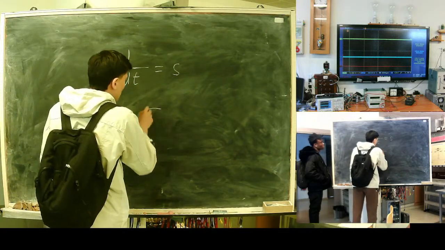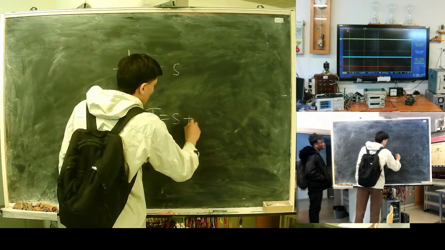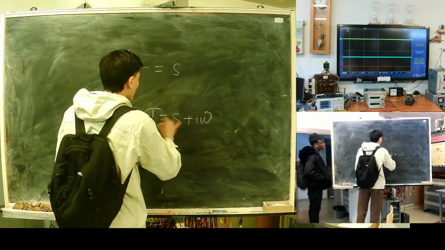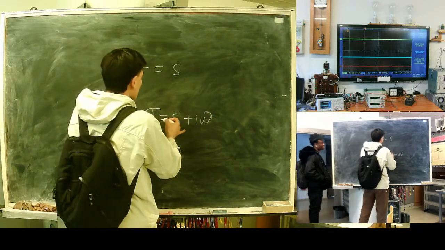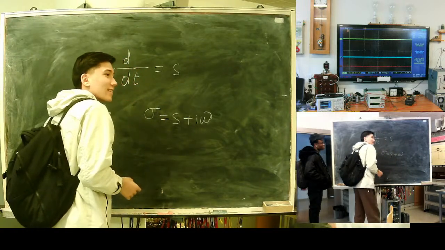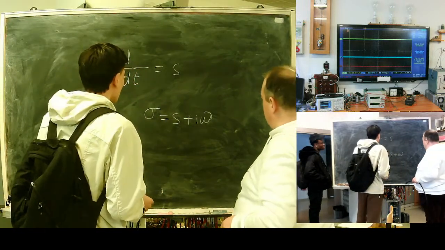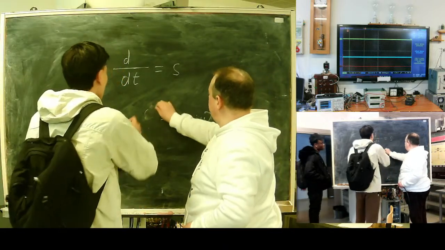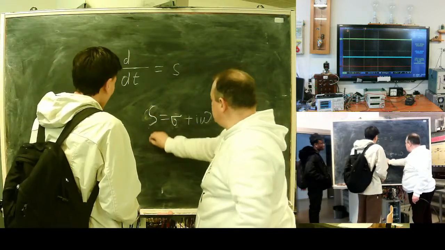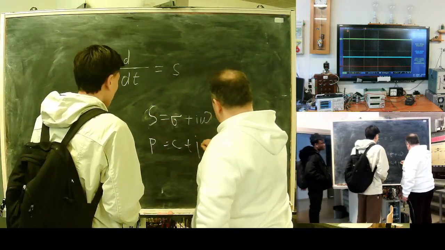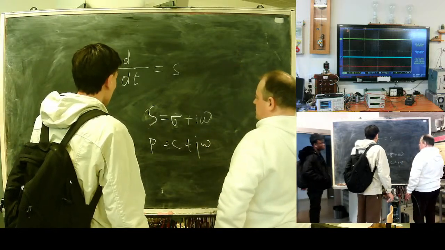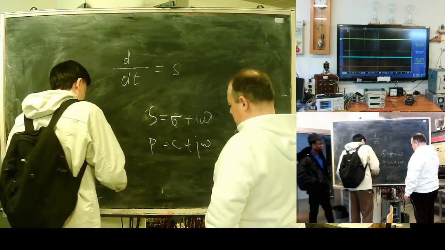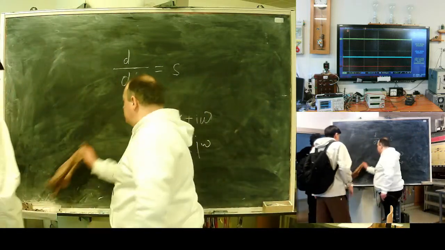It's definitely wrong. It should be a form of the Laplace transform, because it should be this way. It's the same as p equals c plus j omega, another form of complex frequency. And what do we know about the Laplace transform? Theorem, I pointed with my finger.